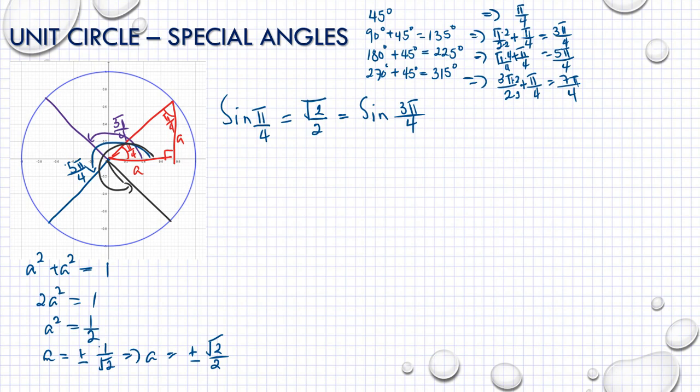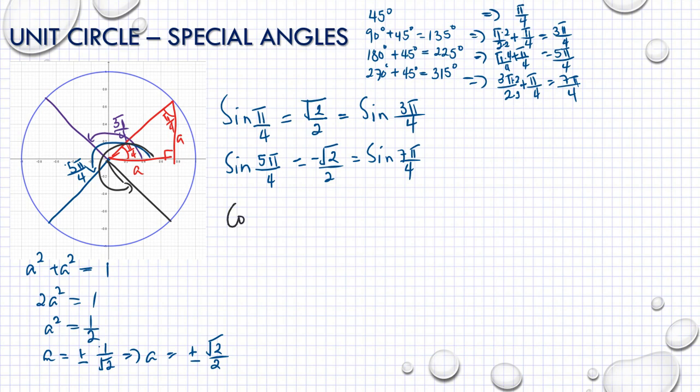And the negative value is on the third quadrant, that is 5 pi divided by 4. That is negative square root of 2 divided by 2. And the same as in the fourth quadrant, that is sine 7 pi divided by 4. That is for the sine.